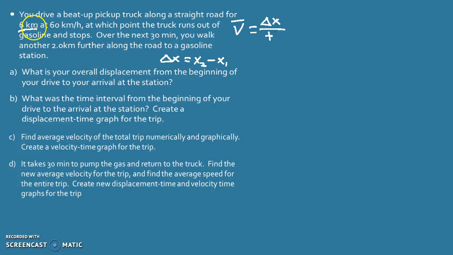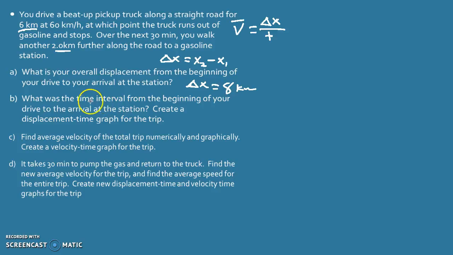So 6 kilometers gives us a change in position, and 2 kilometers gives us an additional change in position. So we wouldn't quite use this calculation here because these are not positions but changes in position. So we can just add them together, getting a total displacement of 8 kilometers.